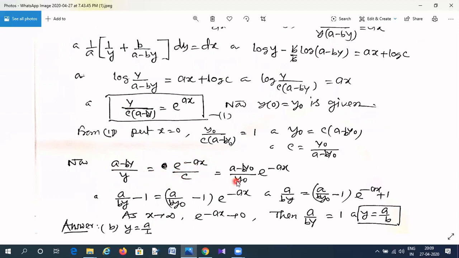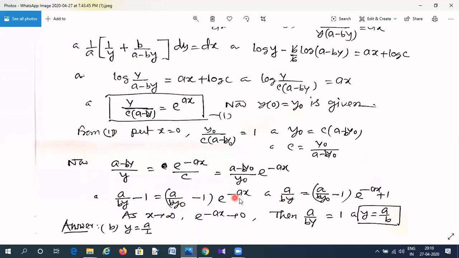Now I'm putting the value of c. The value of c is y0/(a - by0), so putting the value of 1/c, that is the reciprocal of this term, that is (a - by0)/y0, times e to the power minus ax. So a/(by) - 1 is equal to (a/(by0) - 1) times e to the power minus ax.